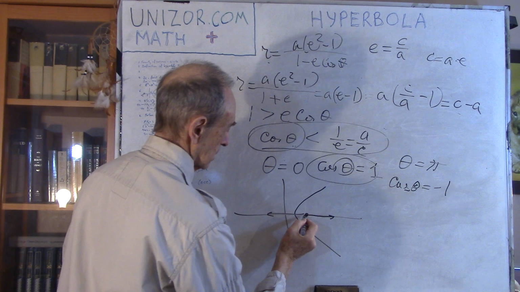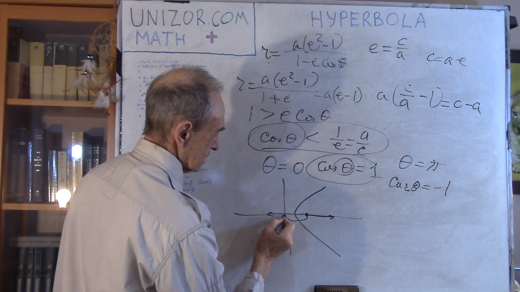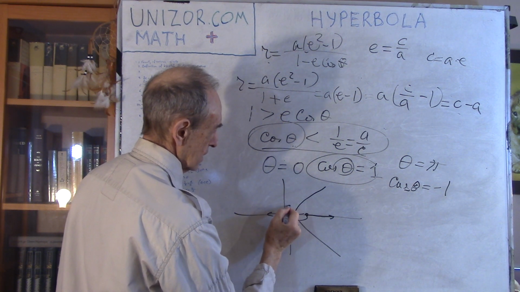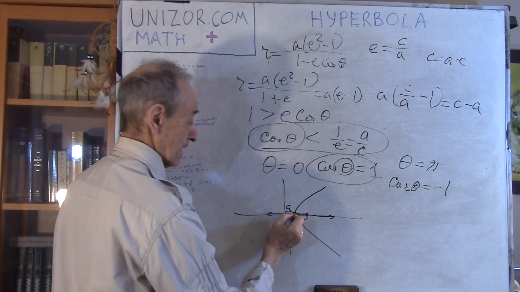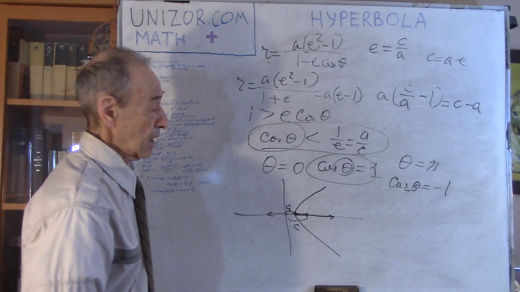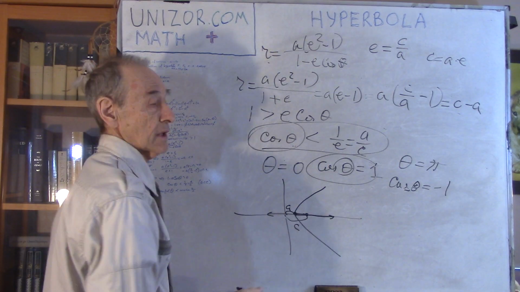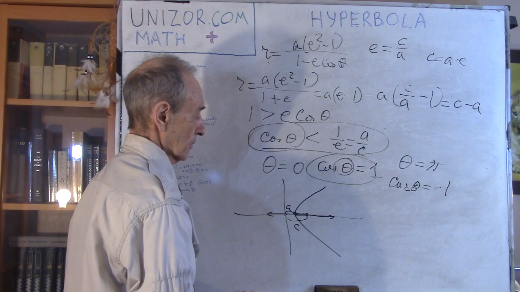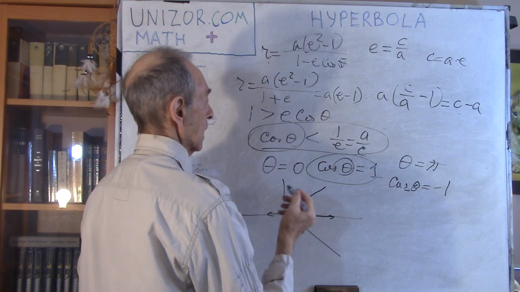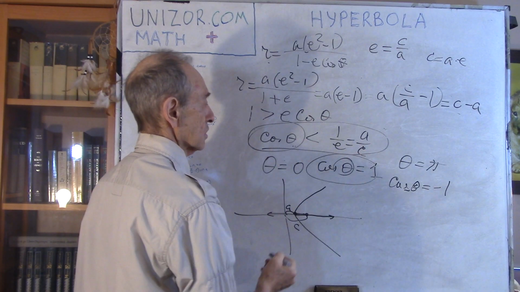And indeed, this is c, this is a, so c minus a is this distance, and that's exactly where we will meet our hyperbola if we go to the left, at angle theta equal to pi. So basically, again, this is a condition.